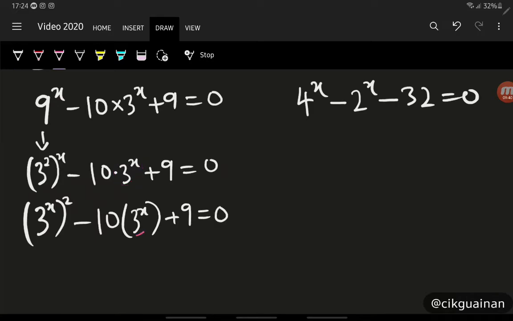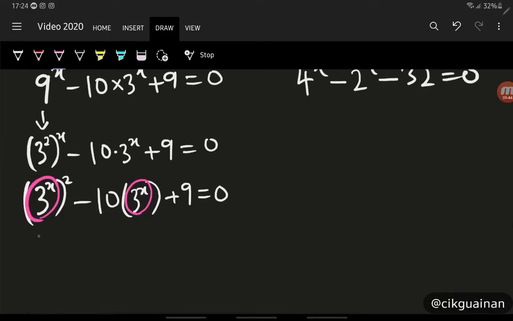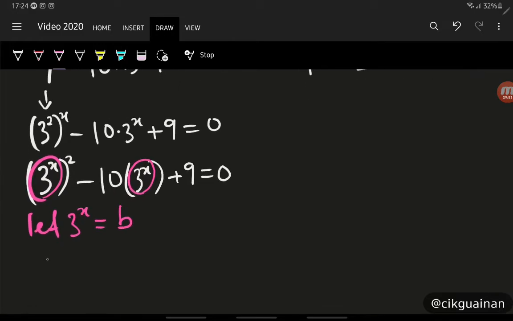Nice already. This one is 3^x, this one also 3^x. So we let 3^x equal b. So what happens is b squared minus 10b plus 9 equals 0.